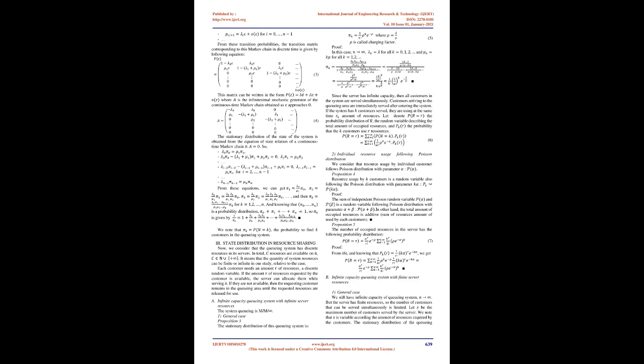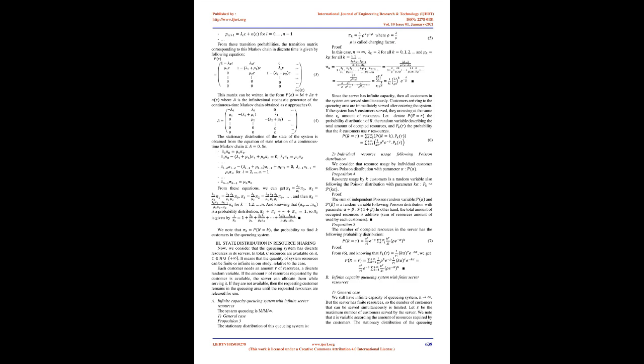Proof. The probability that a customer will arrive during an infinitely small time interval is equal to the probability that the interarrival of the customers is less than the arrival of customers. Arrivals form a Poisson process of intensity, so the interarrival is a random variable following an exponential distribution.